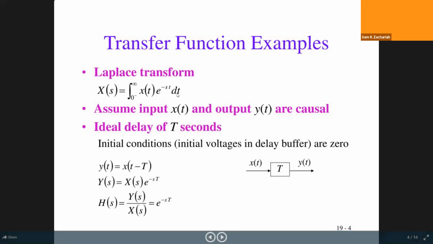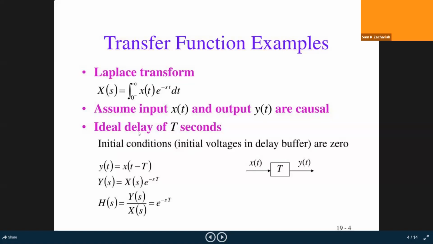We are living in the physical world, so any experiment starts at time 0 onwards. So we assume that all signals for negative times are 0, and there is no point of integrating from negative time onwards. That is why it starts from 0 minus to infinity of x(t) e raised to minus st dt. And we assume input x(t) and output y(t) are causal, that is, they exist beyond time 0 only.